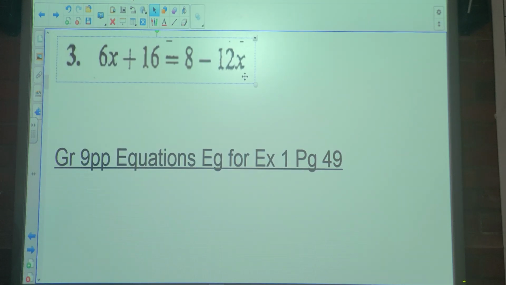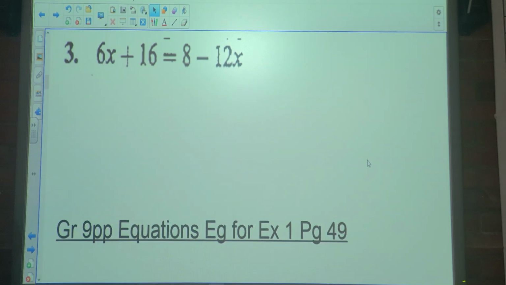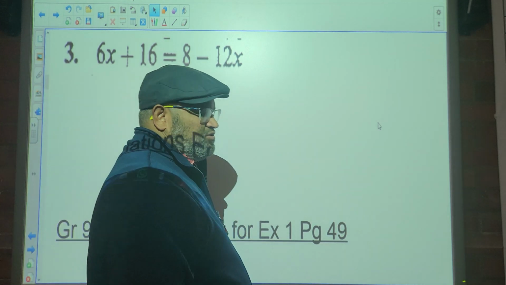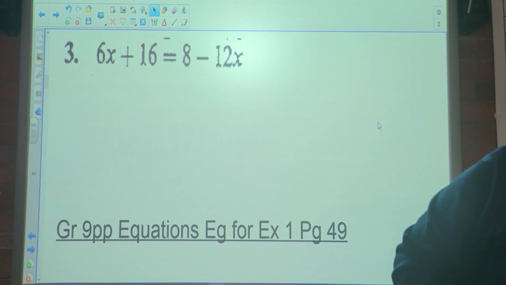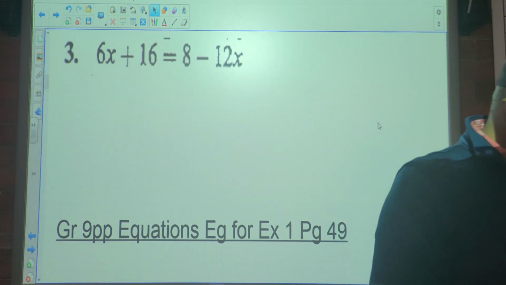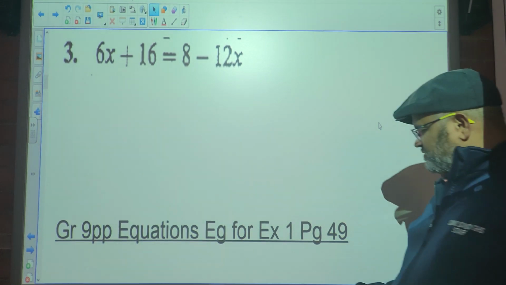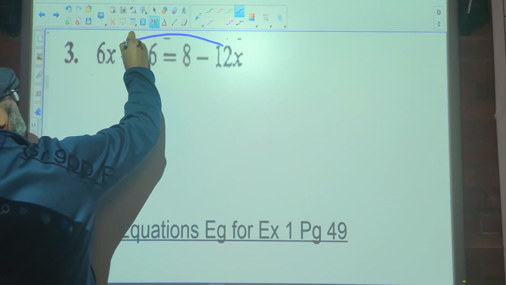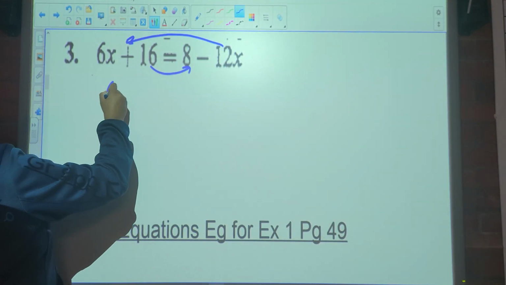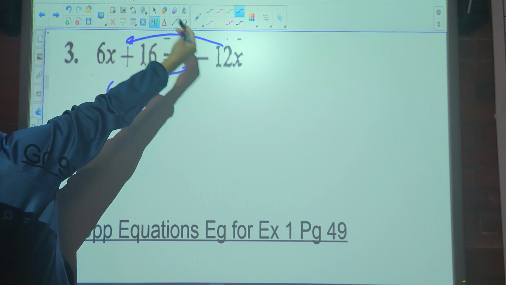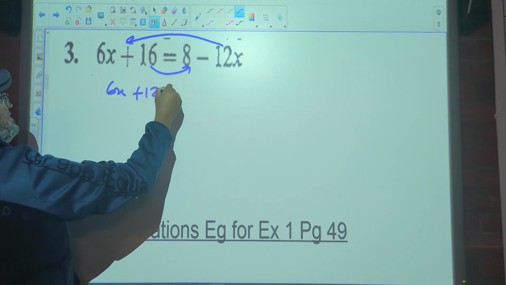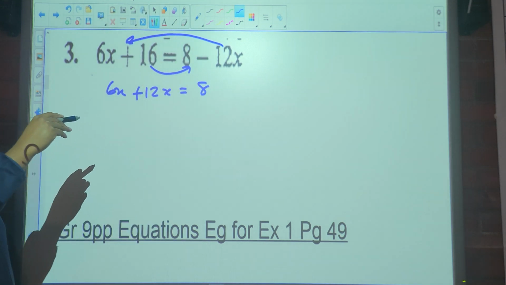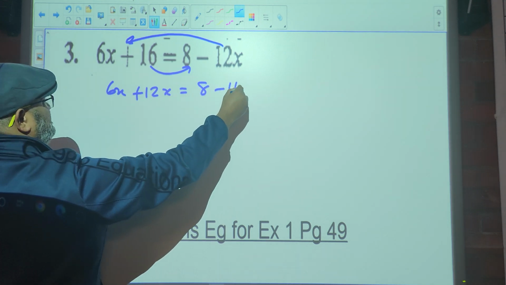Number 3. So here we got 6x plus 16 is equal to 8 minus 12x. So what do I do here? x is one side, numbers the other side. So you get over that side. So it's going to be 6x, and minus 12x becomes plus 12x, is equal to 8 minus 16.